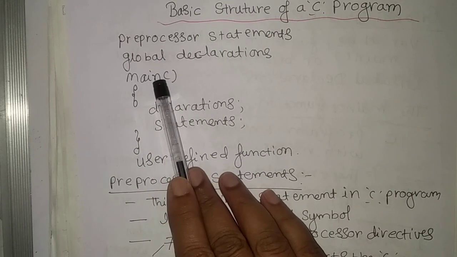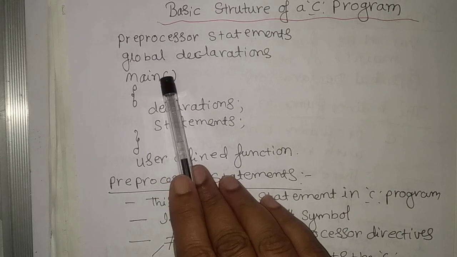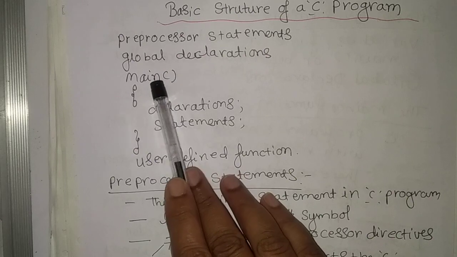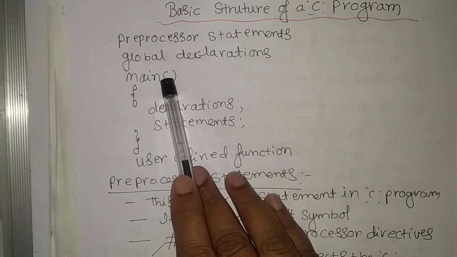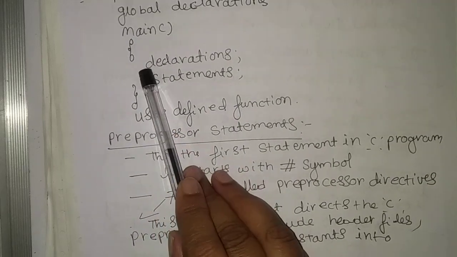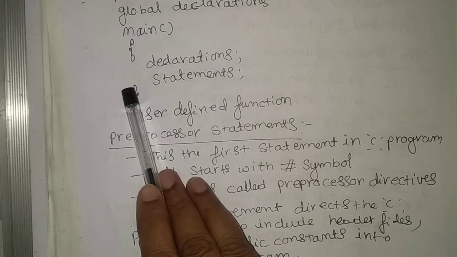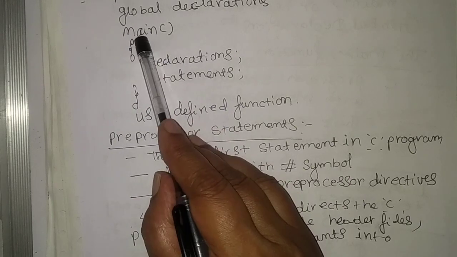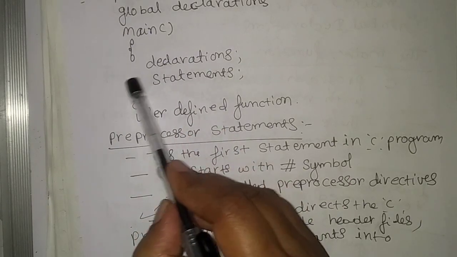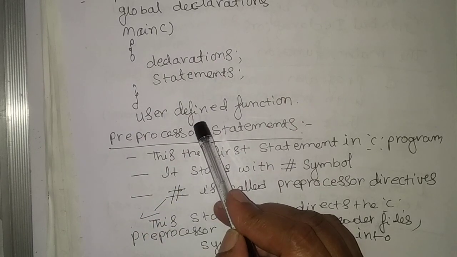These are all reserved words or keywords. So it should be written main, followed by open and close parentheses with no space. After this, start with the flower bracket, followed by the declaration, followed by statements, and close the brace. Actually the main program starts here and ends here, which is followed by the user defined function.